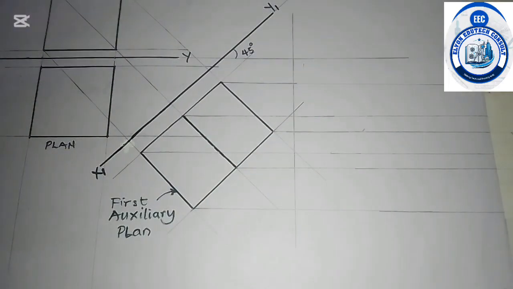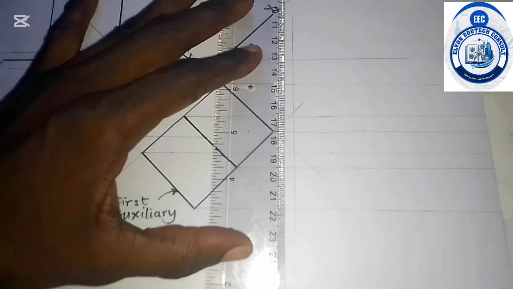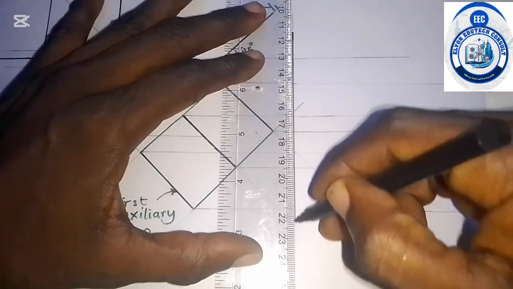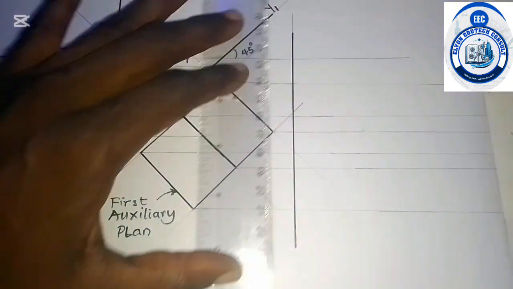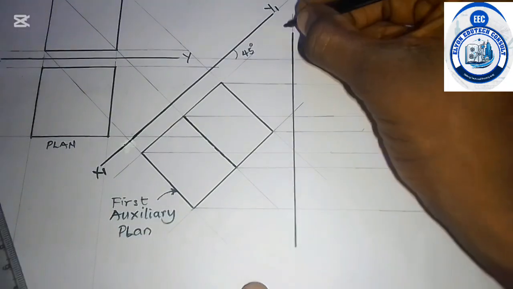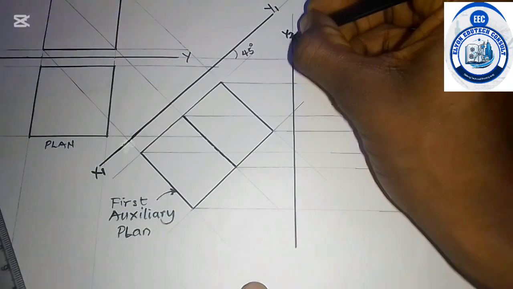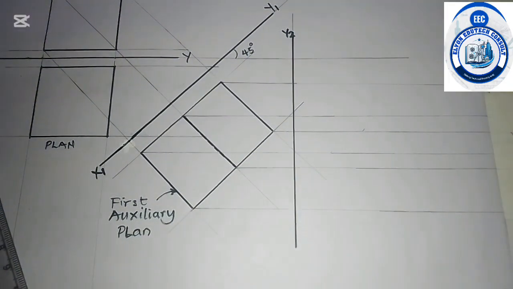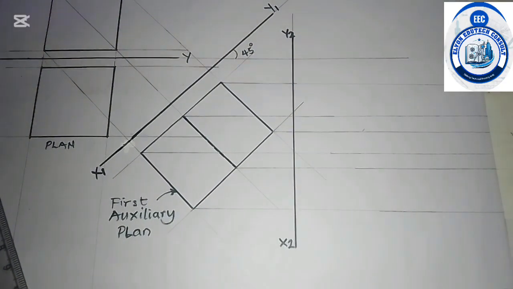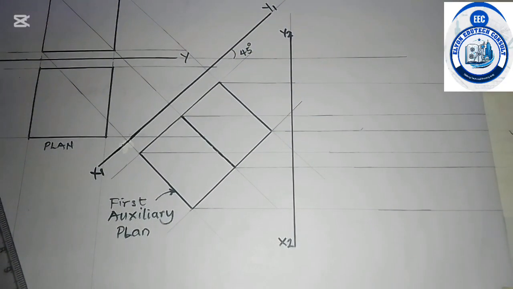All right, so I will take out the line, take it out this way. So I'm going to call this y2, then this will be x2. That is the plane there.